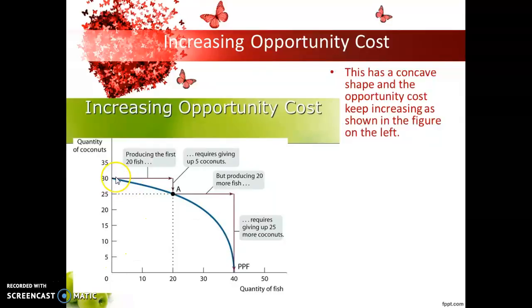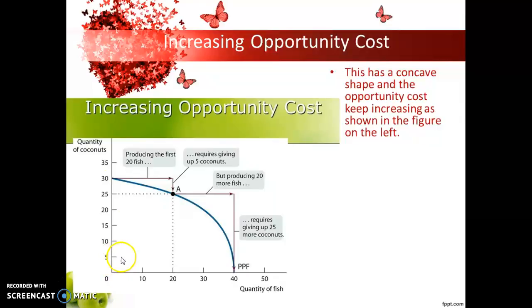So first, say that this particular country or company or firm is producing 25 coconuts and 20 fish at point A. But what if it wants to produce 20 more fish? You know that it's going to produce 40 fish. If it produces 40 fish, then the opportunity cost would be from 25 to 5.